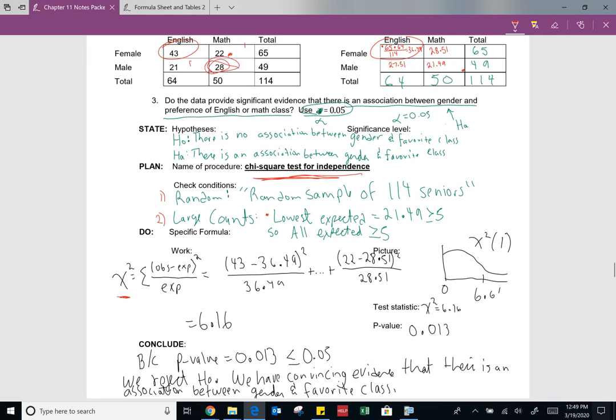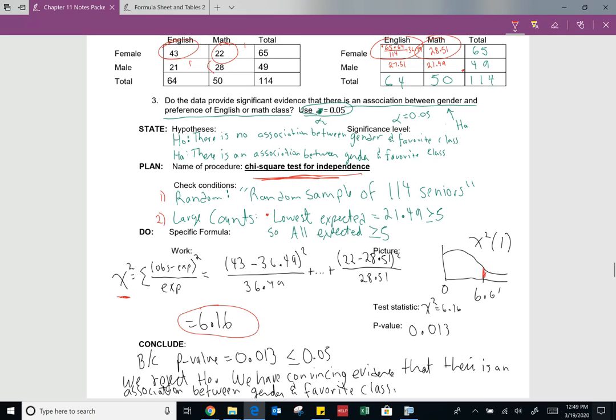Our last one, by the way that I wrote it, is 22 minus 28.51 squared divided by 28.51. So you end up with a chi-square test statistic of 6.16.